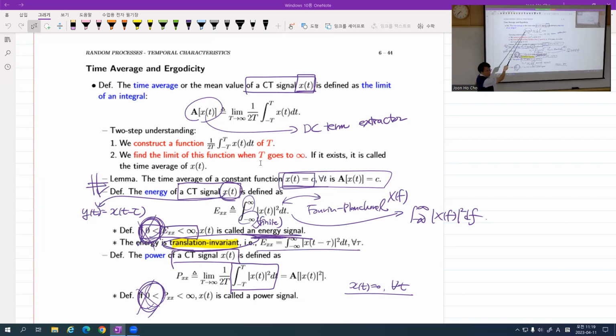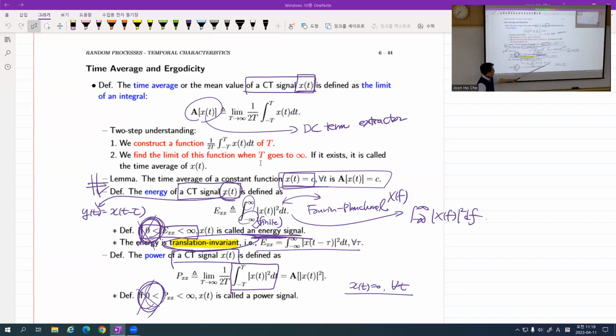Using this time average notation operator, we can define the power of a signal. Here, A means you compute x of t times x of t conjugate. But anyway, you can rewrite the power of the signal as the time average of what? Instantaneous power.